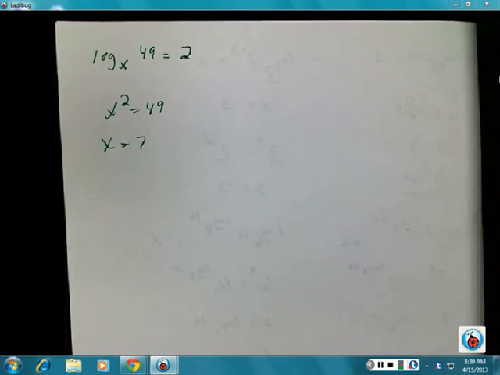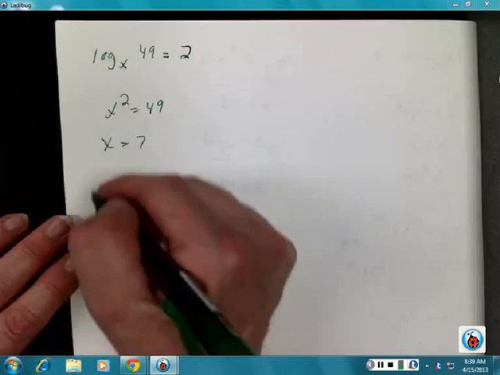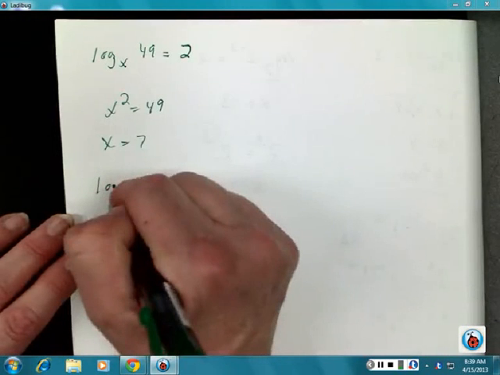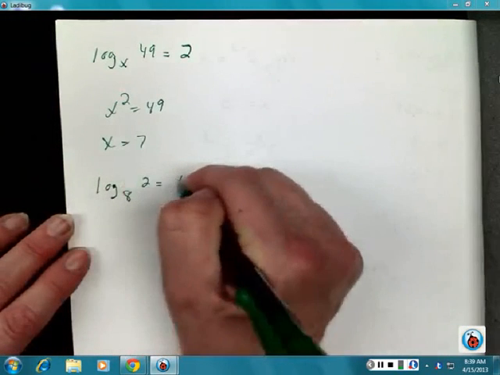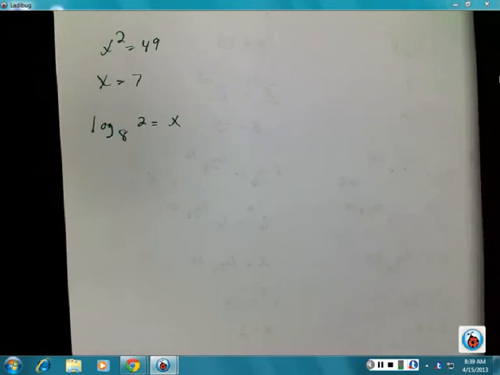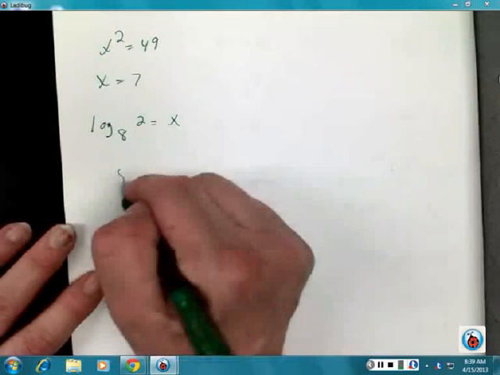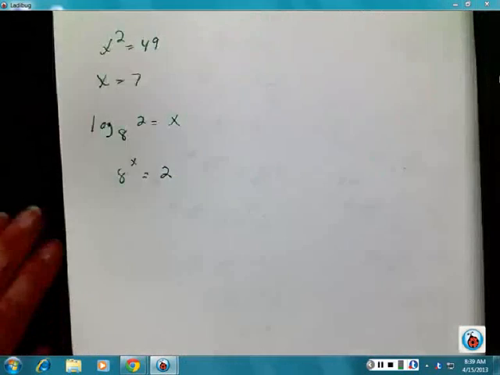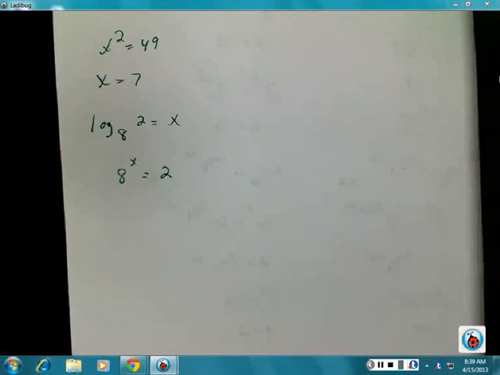How about this one? This one you can use your handy dandy calculator on. Log base 8 of 2 equals x. What's that one going to be? So 8 to the x power equals 2. So what, 2 times itself, how many times will give me 8? 4?